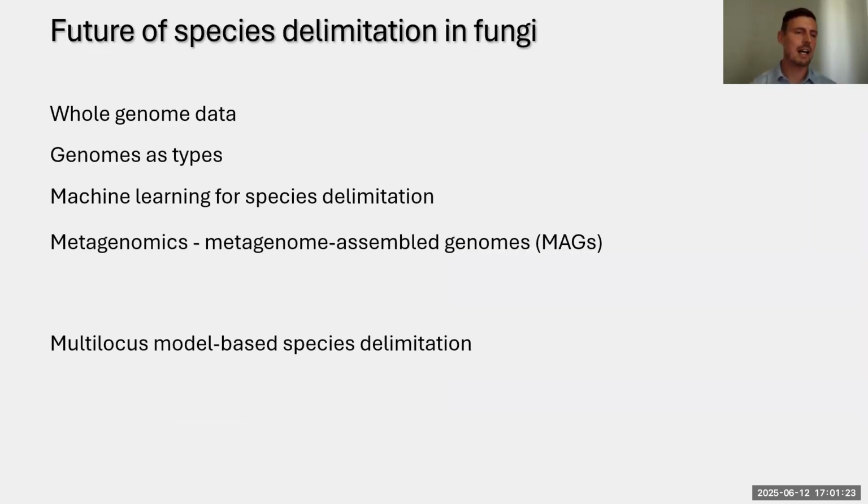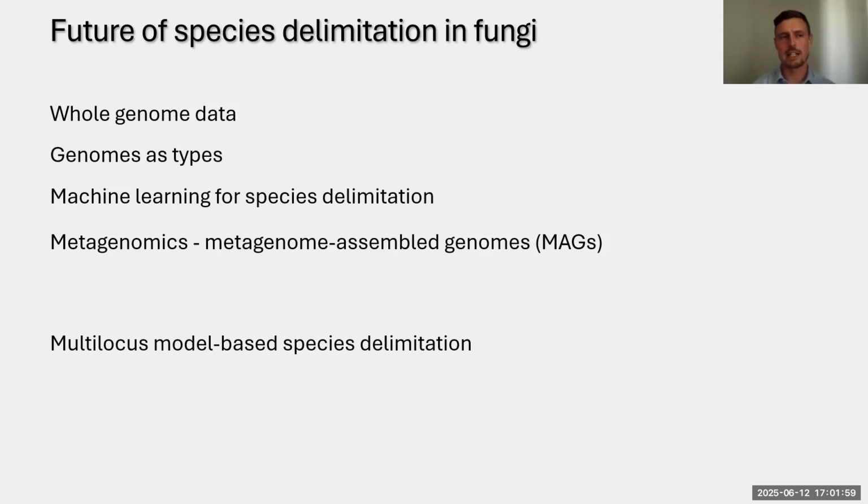And now, I'm getting to the end of the talk, but I would like to discuss a little bit some interesting things that are coming in the future and that will influence the delimitation of species, specifically in fungi, and that are again touching on some of these issues that I discussed at the beginning of the talk.